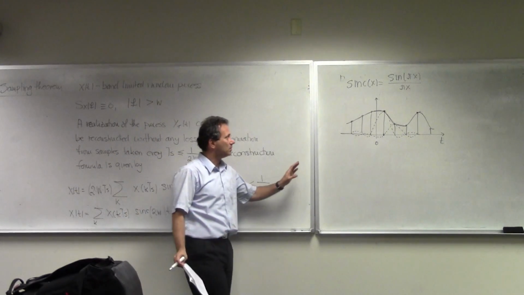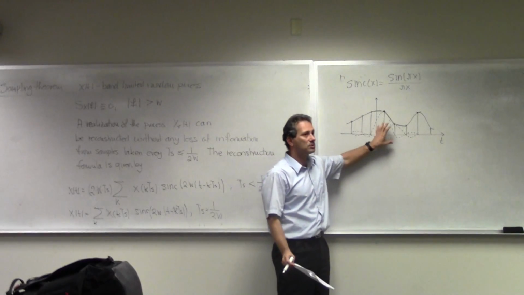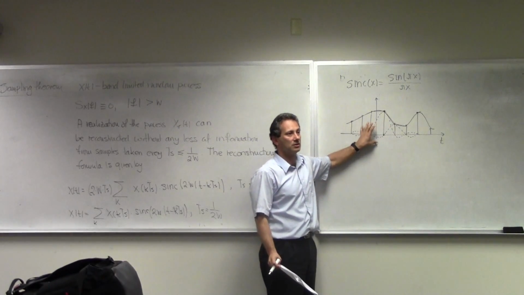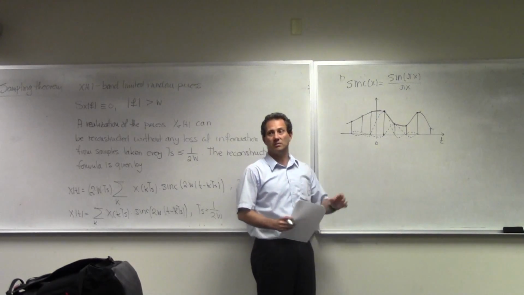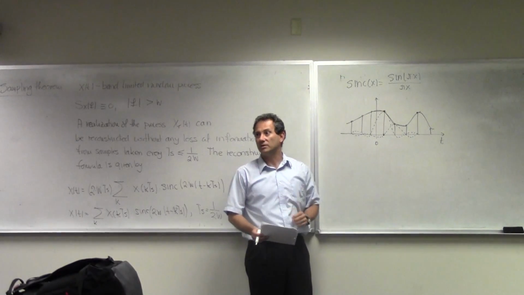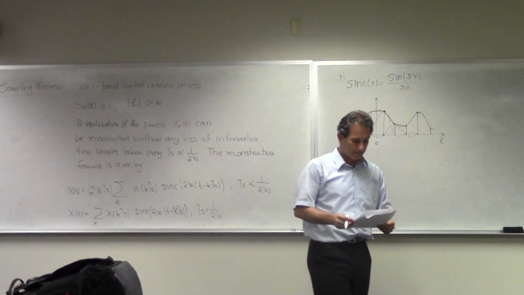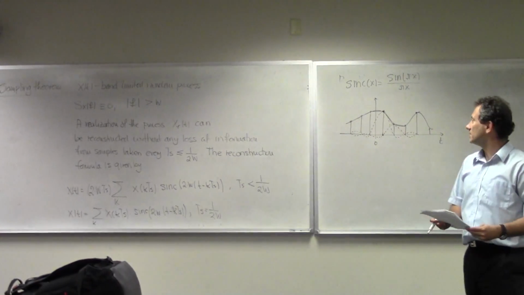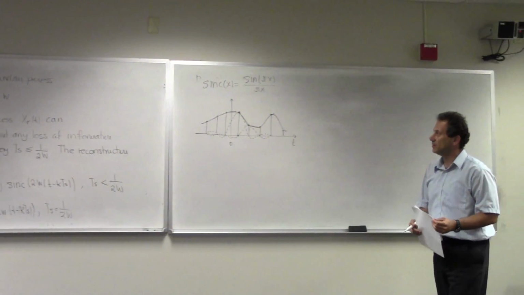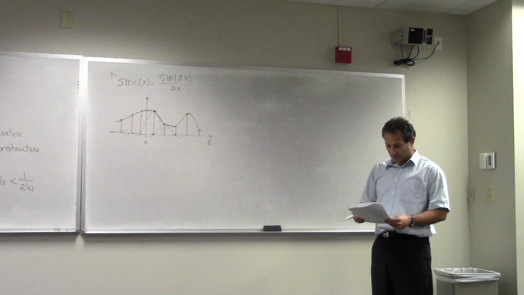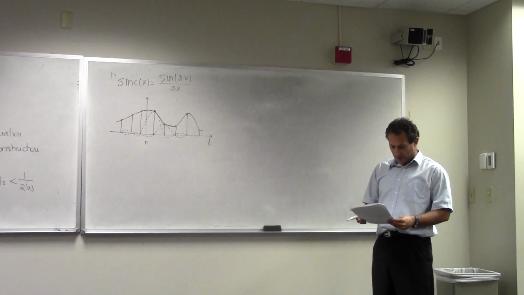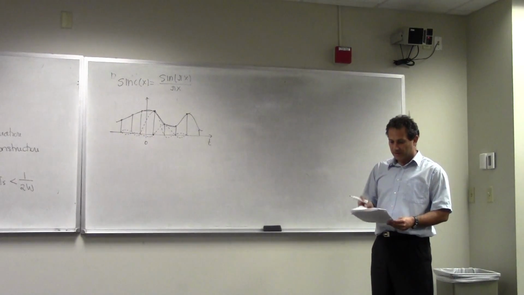But there is always going to be, in practical applications, some sort of reconstruction error. We just need to manage it and make sure that it is smaller than what really matters. Okay? Now that's all I'm going to say about the sampling theorem, because I'm sure you've seen it. There's plenty of that in a book as well. Now let's talk about the next step.